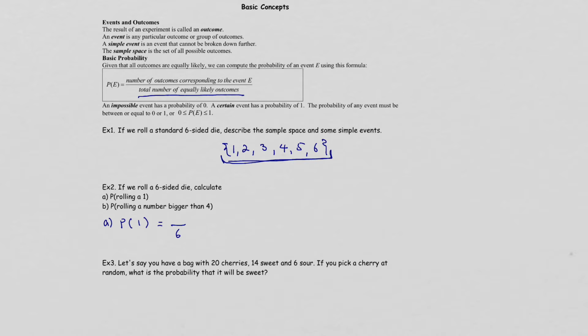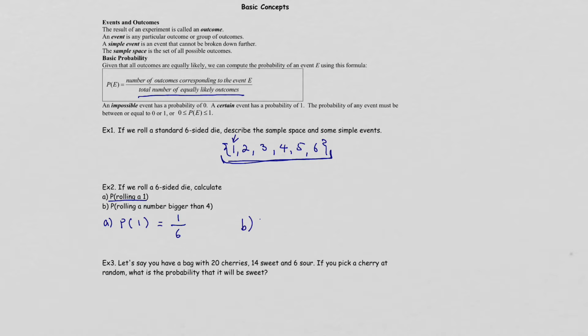Rolling a 1 will be only 1 number, so it will be 1 out of 6.